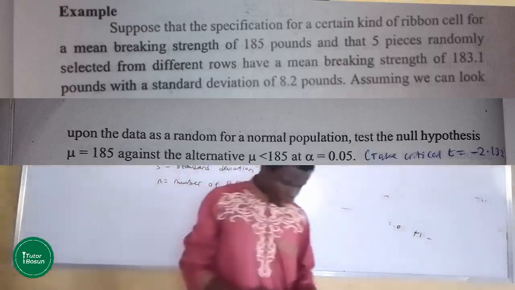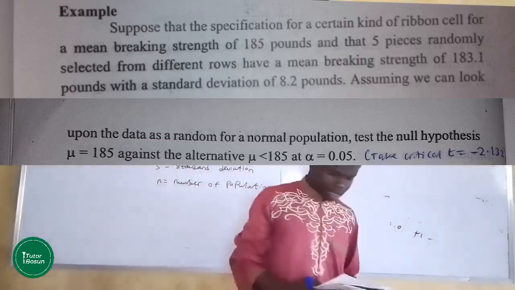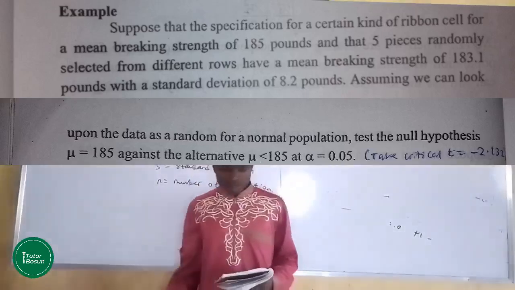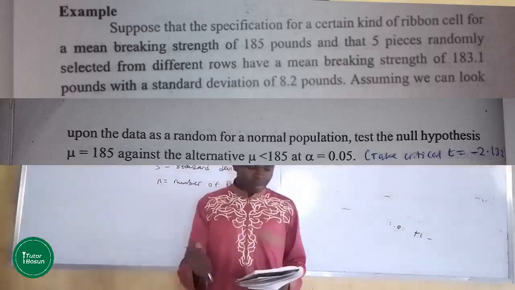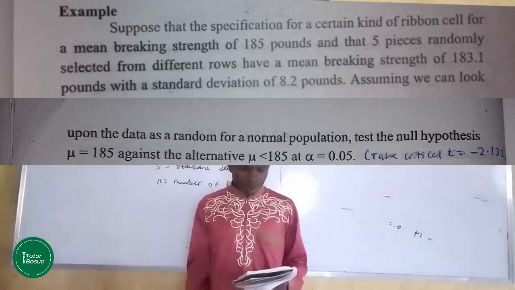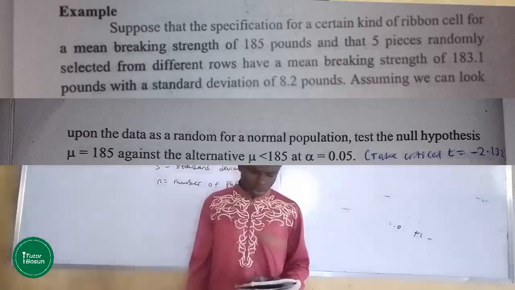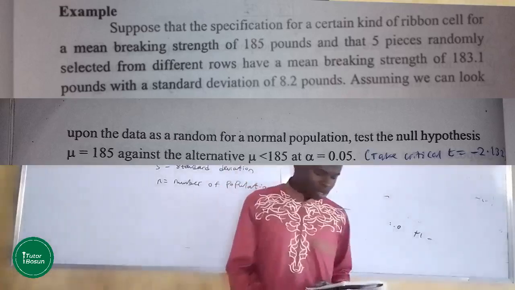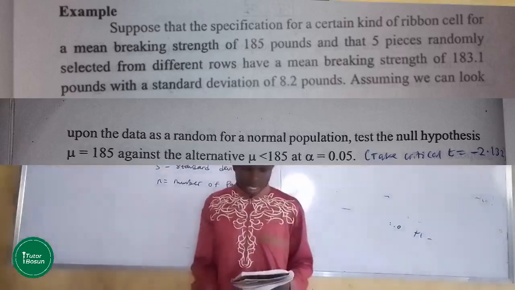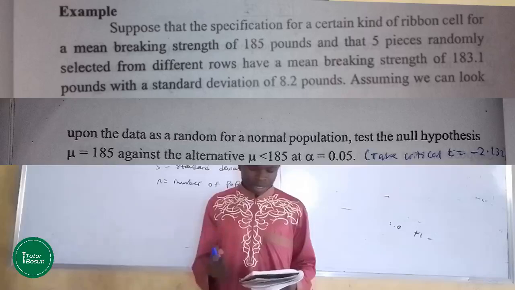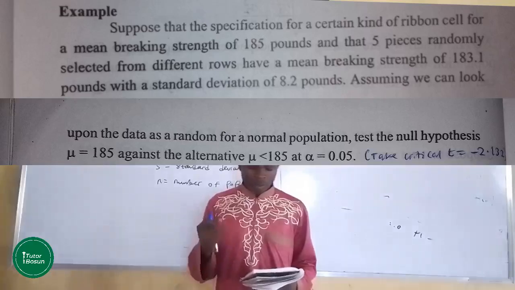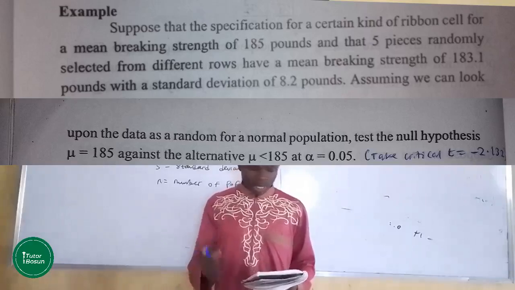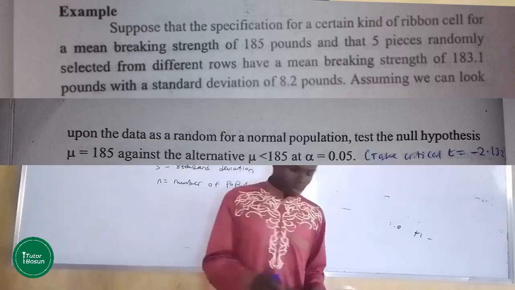So this example says, suppose that the specification for a certain kind of ribbon cell is a mean breaking strength of 185 pounds, and that 5 pieces randomly selected from different rows have a mean breaking strength of 183.1 pounds with standard deviation of 8.2.